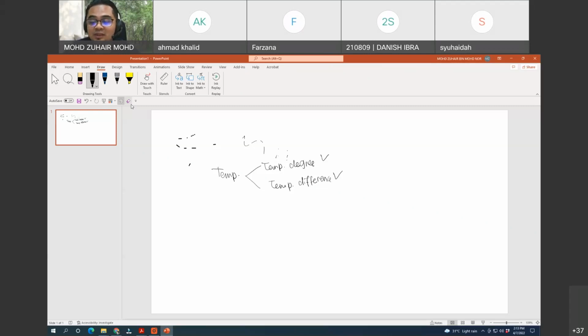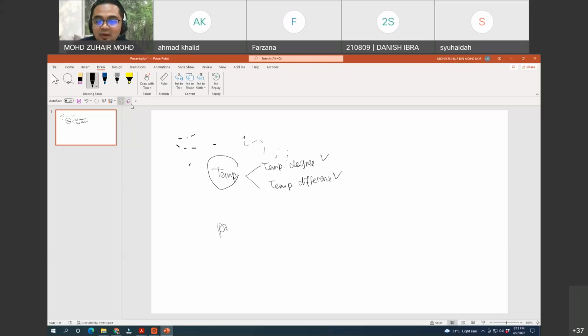It's not a specific temperature at a specific time or point. This is the main thing about the topic of temperature. Other than that, it's just unit conversion and so on.